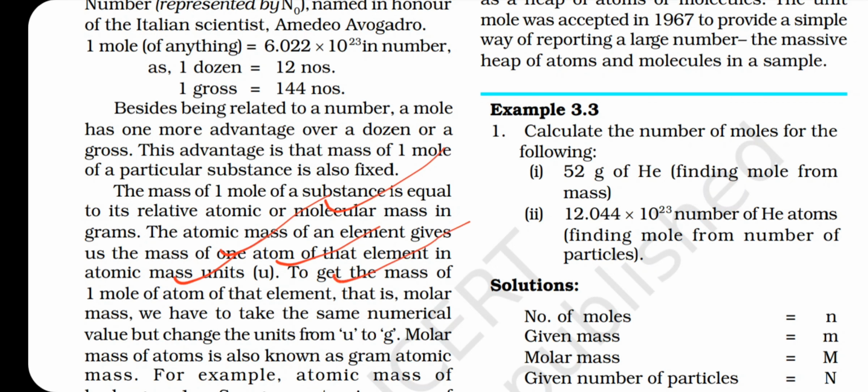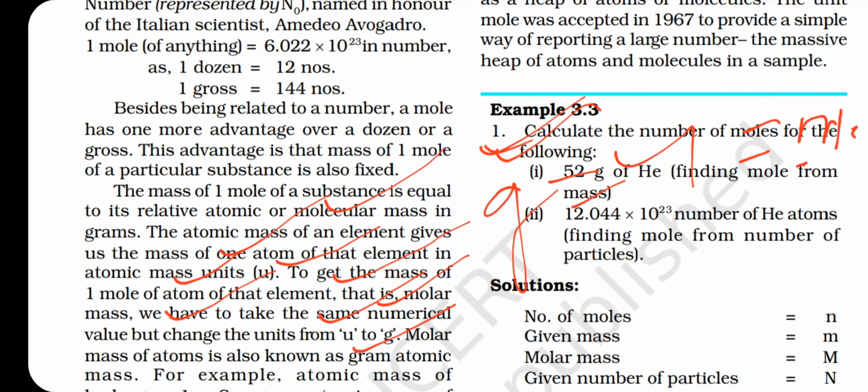To get the molar mass, we have to take the same numerical value in U or G. G means gram and U is for unified mass. This number is also equal to the mole, that is 6.023 into 10 to the power 23, Avogadro's number.